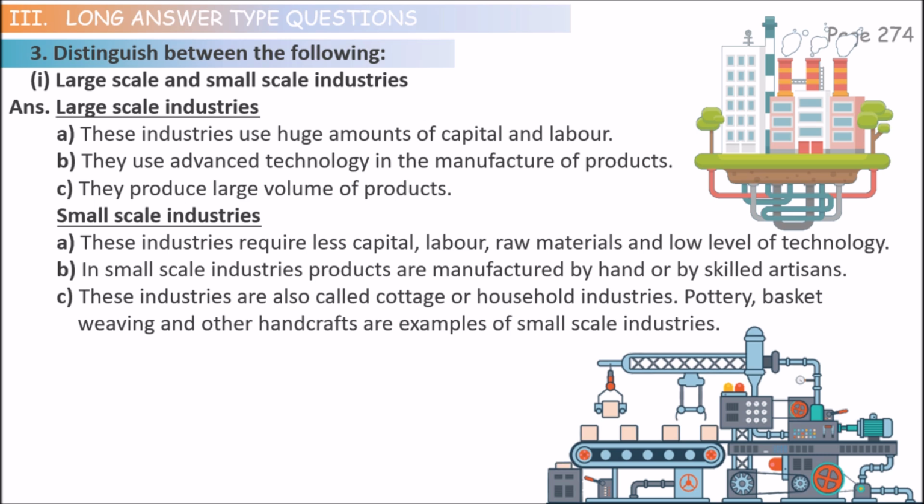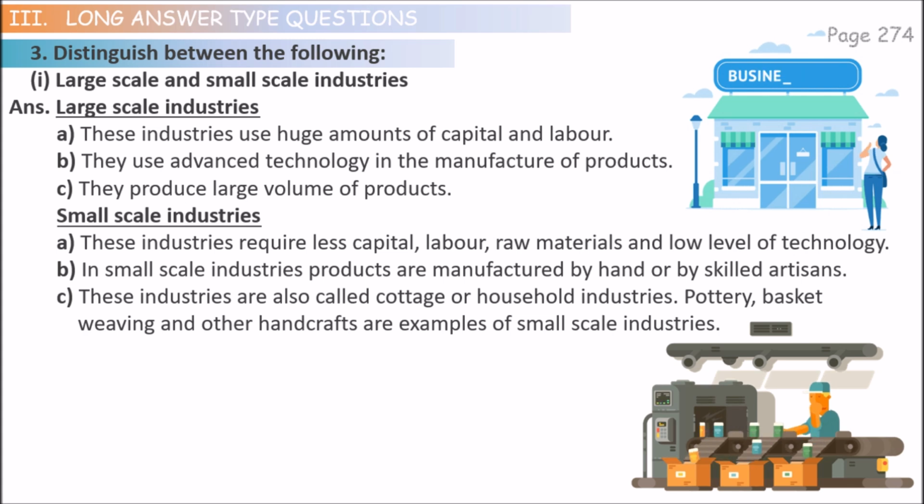Number 3. Distinguish between the following: large-scale and small-scale industries. Answer. Large-scale industries. These industries use huge amounts of capital and labor. They use advanced technology in the manufacture of products. They produce large volumes of products.